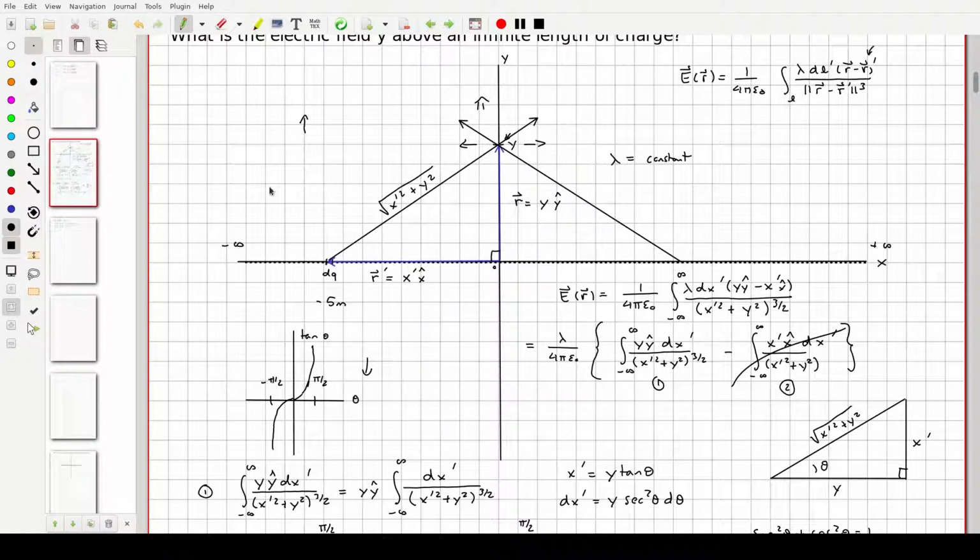Okay. Now, if you were to extend this to 3 dimensions, what you would have would be a loop that sort of defines a region around your line of charge in which the electric field has the same magnitude.